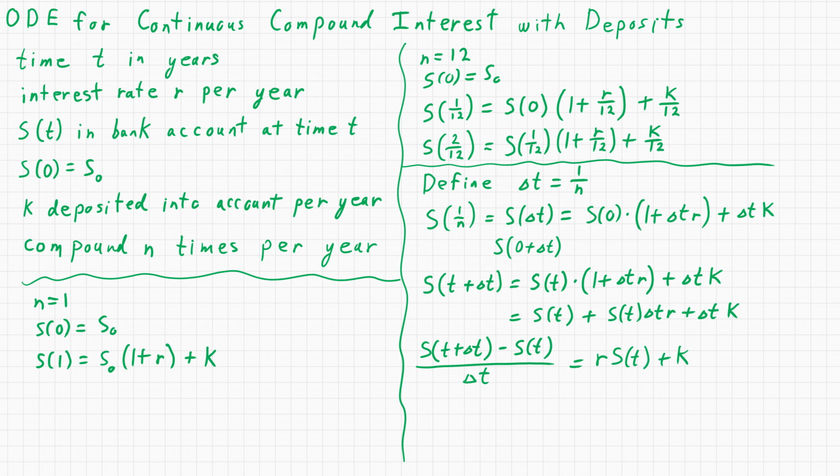Now, if we let delta t go to 0 in that limit, the left side is actually the derivative of this function S of t with respect to t.